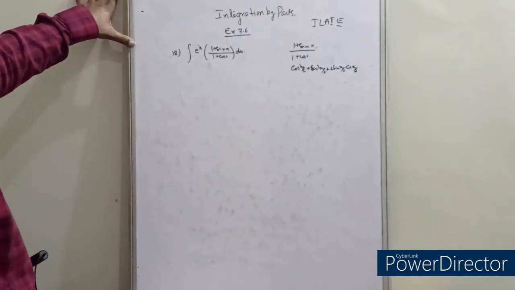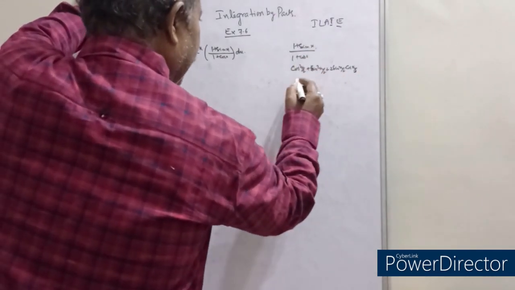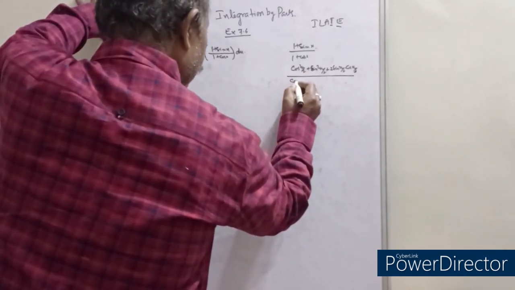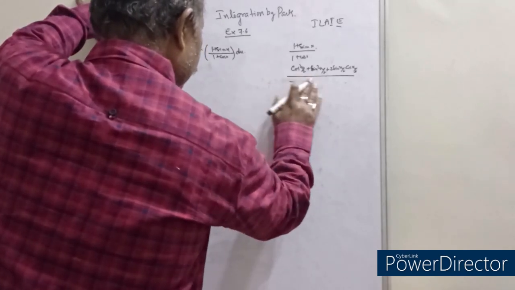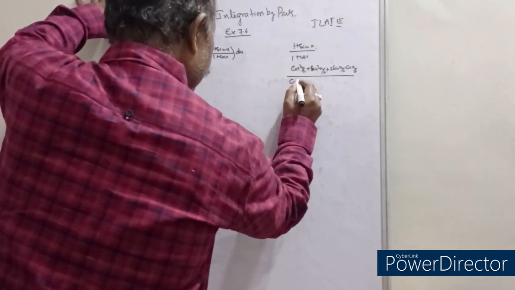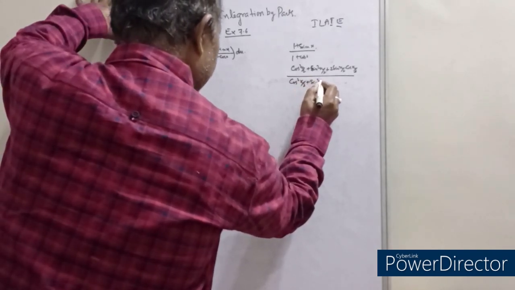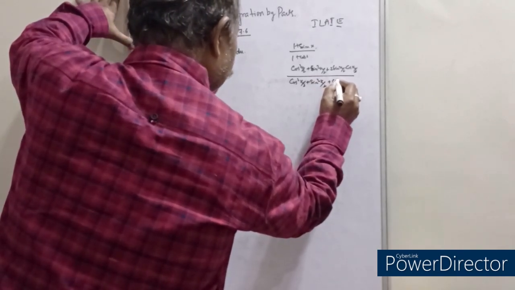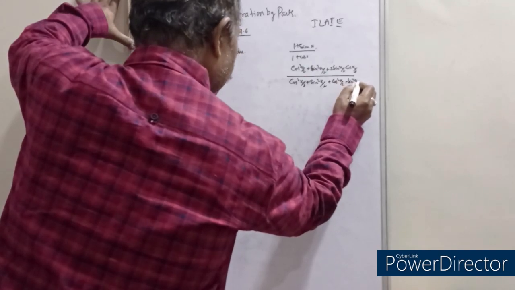This one is cos square theta plus sin square theta, and sin x is 2 sin x by 2 cos x by 2 by 1. In the denominator, this can be written as cos square x by 2 plus sin square x by 2, and cos x is cos square x by 2 minus sin square x by 2.